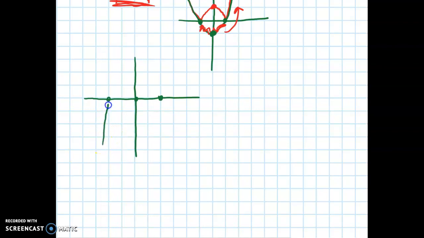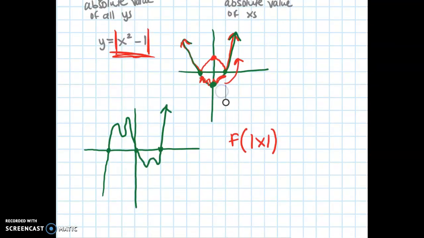And over here, the graph kind of goes like this, or like that, let's say. When I do f of the absolute value of x, that's saying that every time I have an x, I'm taking the absolute value of it. So it doesn't do the same thing that this guy did.